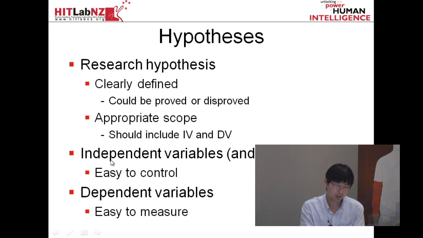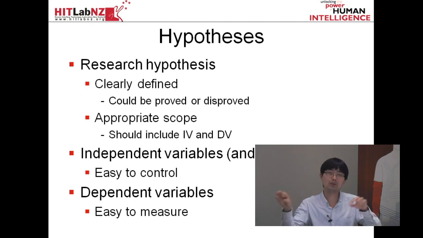And in that sense, for planning the user experiment, independent variables should be easy to control. If the independent variable you choose is hard to control, then you can easily see that you cannot really replicate the situation easily.